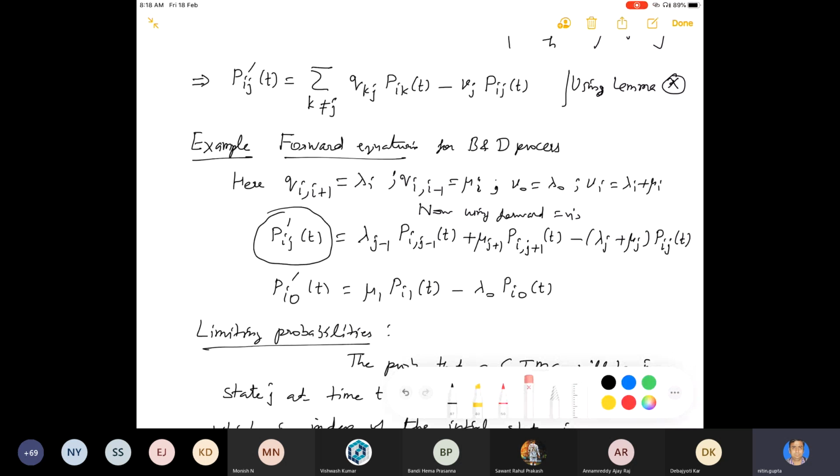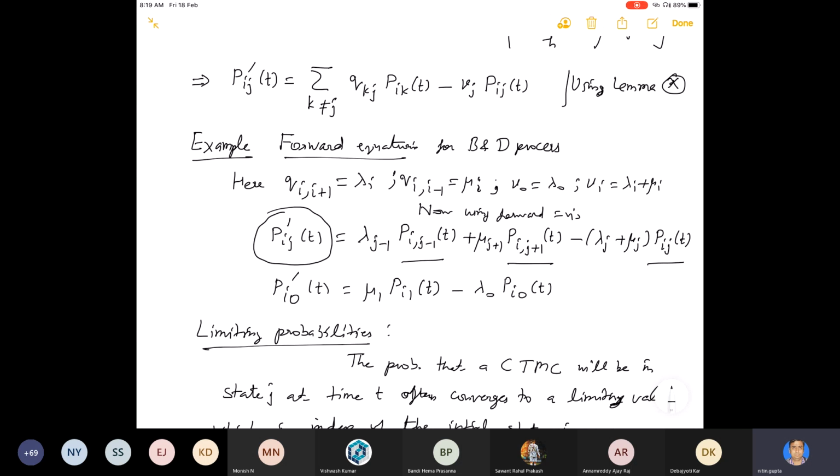In the limit as t goes to infinity, Pi,j-1 is Pj-1, Pi,j+1 is Pj+1, and this value will be Pj.